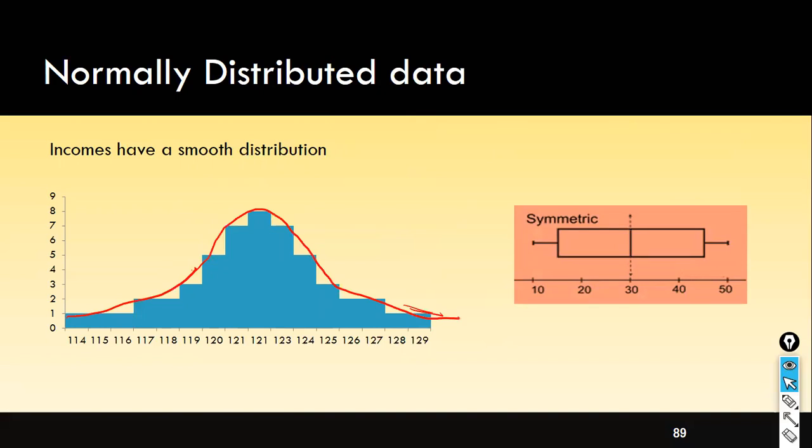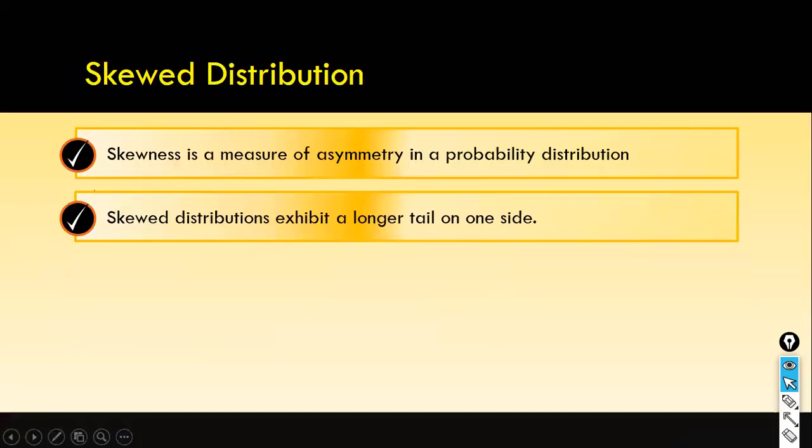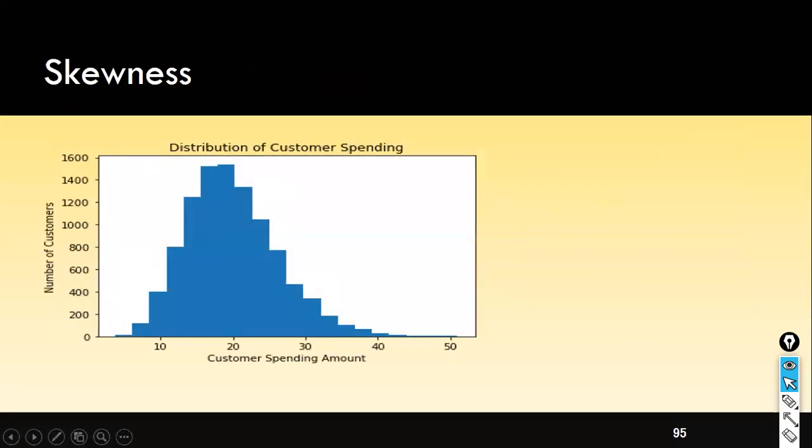But here it is not normally distributed; we can see a longer tail on the right side of the peak. This is your peak. On the right side of the peak, this is your positive skewness, or right skewed data.